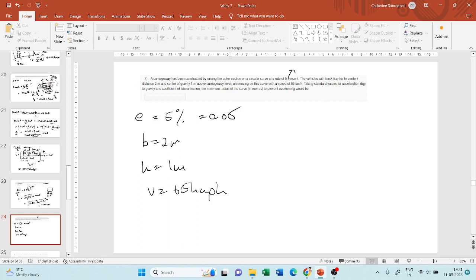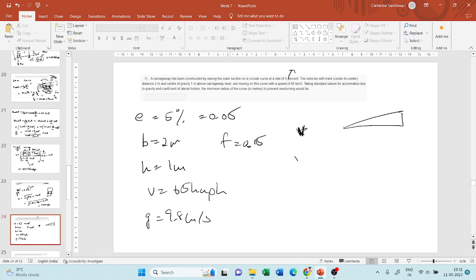Okay, take the standard values of acceleration due to gravity. So you know g is 9.81 meters per second squared. Coefficient of lateral friction, f is 0.15. Yeah, standard values. The minimum radius of the curve to prevent overturning is what? Okay, so what is the equation for a super elevated section?